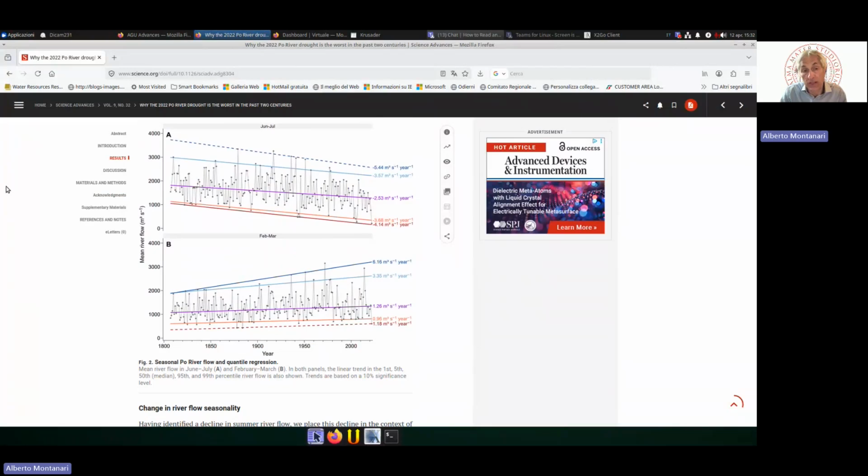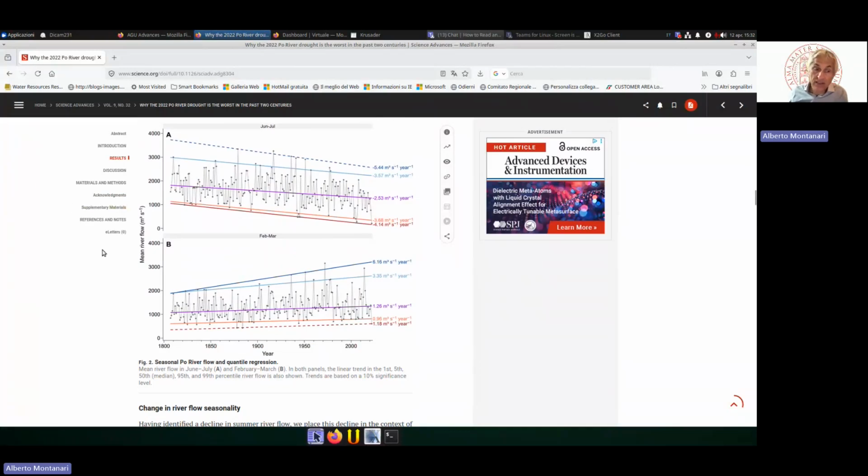But if you look at the same figure, lower panel, river flows in February and March, impressively enough, you see that there is an increasing trend. And this is the answer to the previous question. So it seems like the river flow of the Po River increased during winter, early spring, for then decreasing in late spring, summer. So interesting, very interesting.